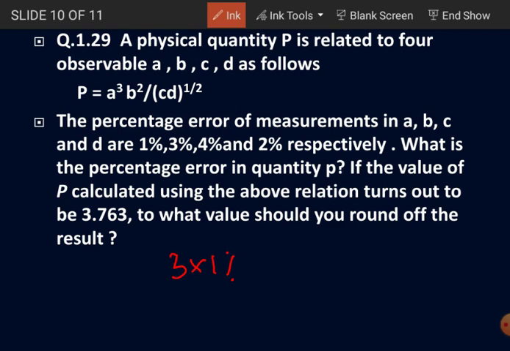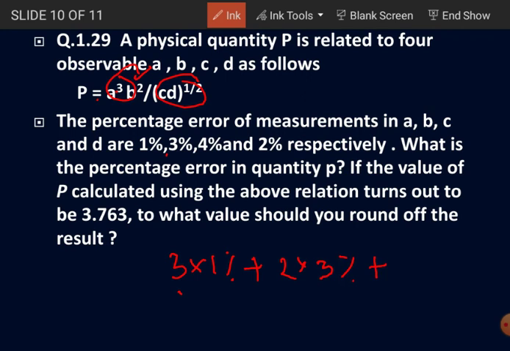And as it is a product, the relative errors will all be summed, whether it is in the numerator or in the denominator, it doesn't matter. It will always be the plus sign. So 3 times 1%. Next, it will be 2 times 3%. Why? Because the power is 2 in the case of B. It will be 2 into the percentage error, which was 3. So 2 into 3%.